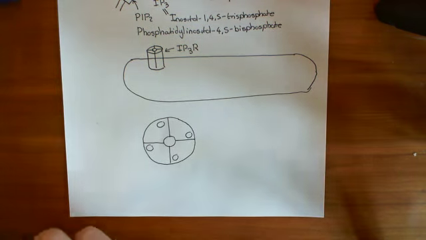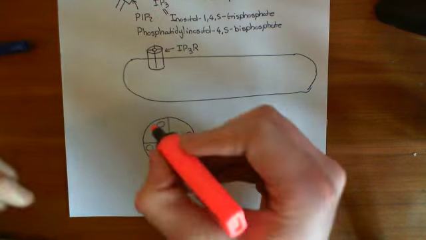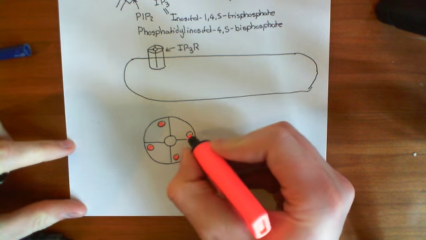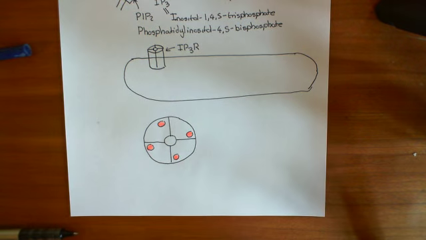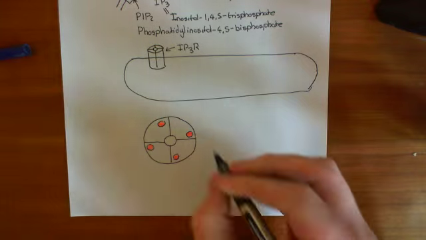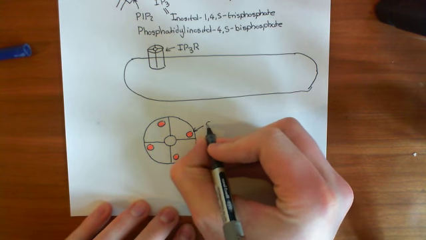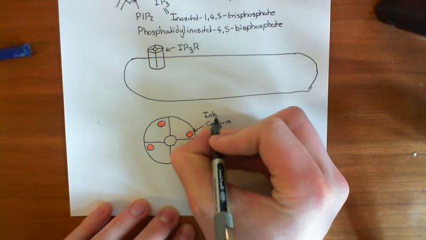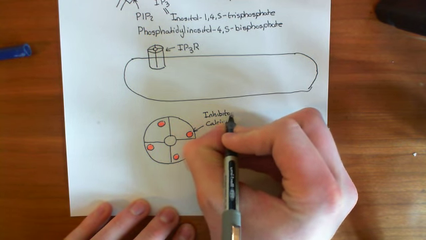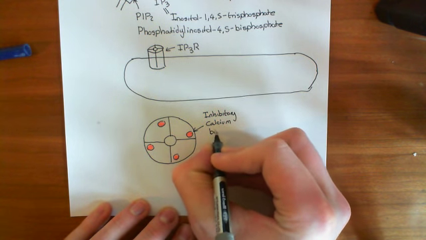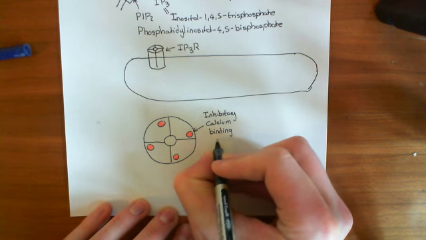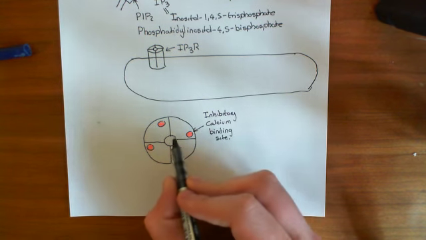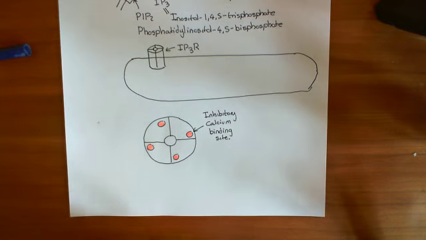So I'll draw it in red to denote inhibitory. If calcium binds in this binding site, it promotes the IP3 receptor being in the closed state. So this is an inhibitory calcium binding site. Now, when IP3 binds to the IP3 receptor, an IP3 molecule needs to bind to each of the 4 subunits of the IP3 receptor.